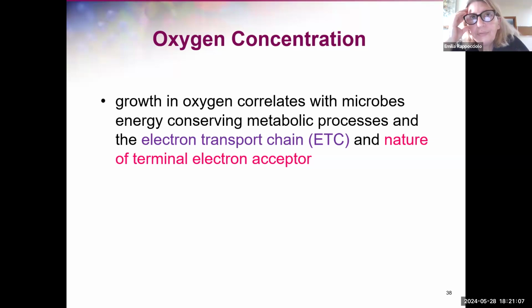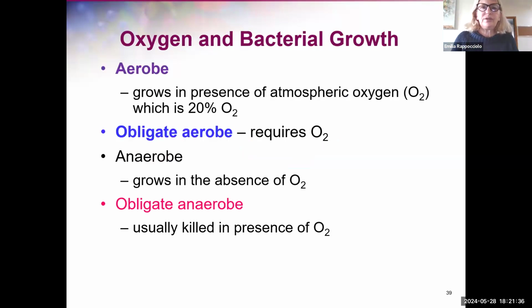If the bacteria and the cells have enzymes that remove the reactive oxygen species, then they can use oxygen as final electron acceptor in an electron transport chain, and this can make them very efficient at producing energy using sugars, yeah, with the electron transport chain and the oxygen as final electron acceptor.